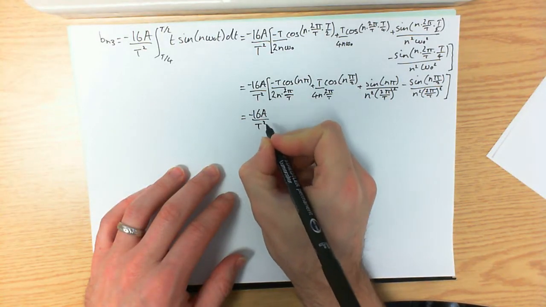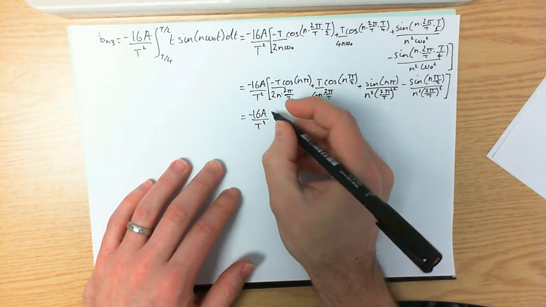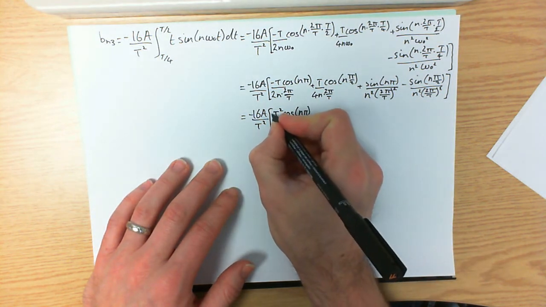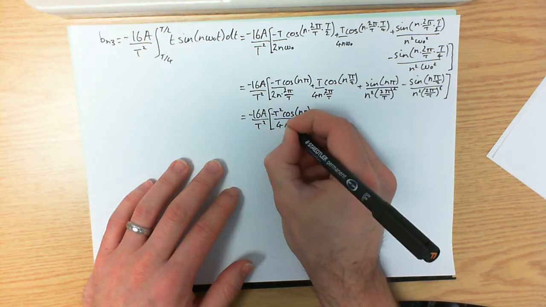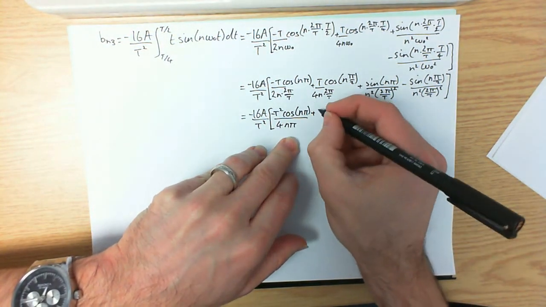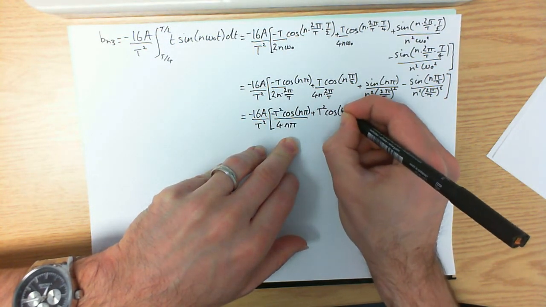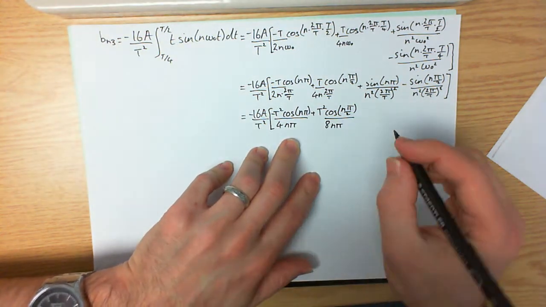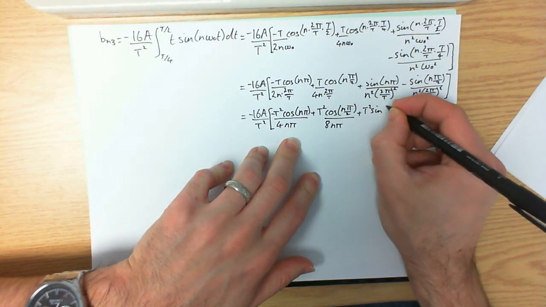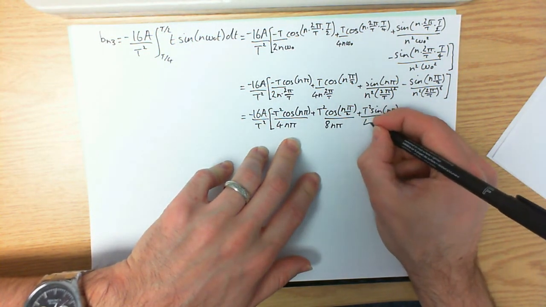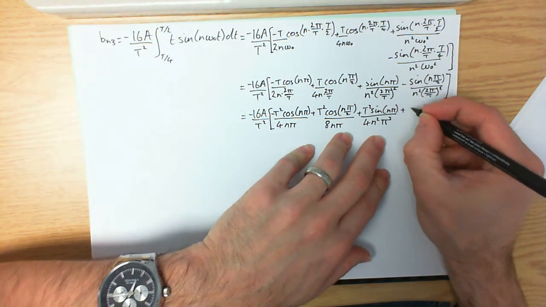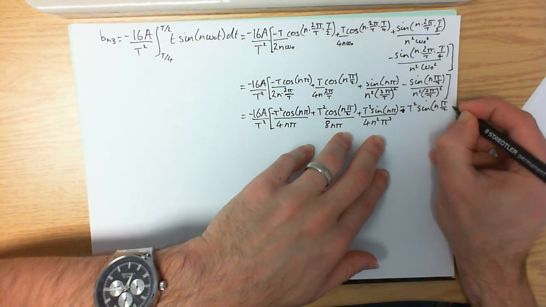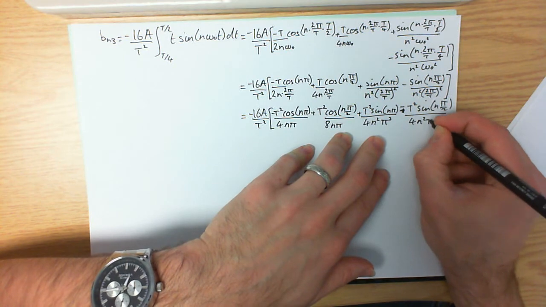So we come to minus 16a over T squared into T squared cos n pi minus over 4 n pi, plus T squared cos n pi by 2 over 8 n pi, plus T squared sine n pi over 4 n squared pi squared, plus minus T squared sine n pi by 2 over 4 n squared pi squared.